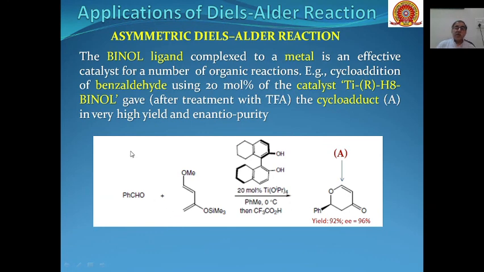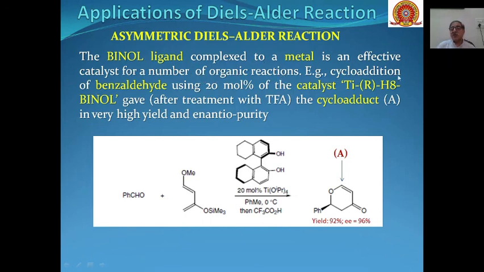Then BINOL ligands have also been used for asymmetric Diels-Alder reaction. BINOL ligands complex to a metal, and they act as effective catalysts for a number of asymmetric Diels-Alder reactions.